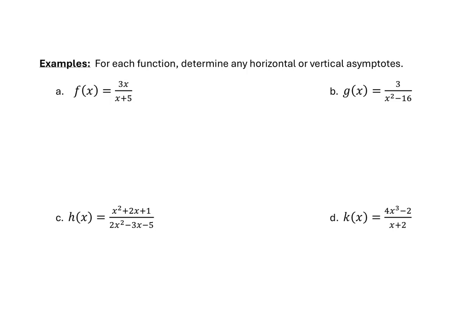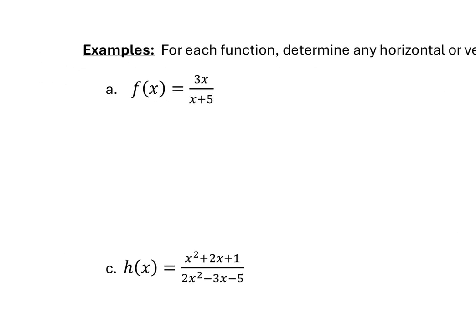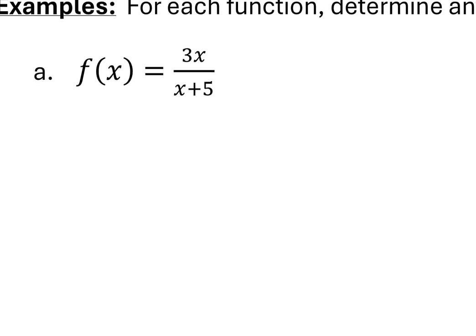All right, the next thing we're going to do is be given some equations, and talk about how we find the horizontal and vertical asymptotes. Okay, let's start with example A. Example A is, first and foremost, a rational function. Because we are going to be doing a bunch of different things on these, I do recommend writing notes to yourself to keep track of what we're finding. All right, vertical asymptote.